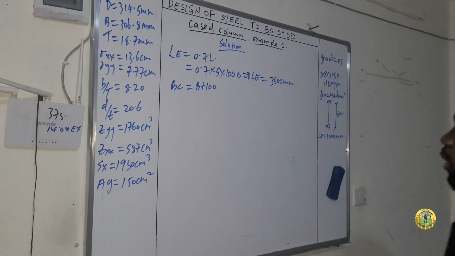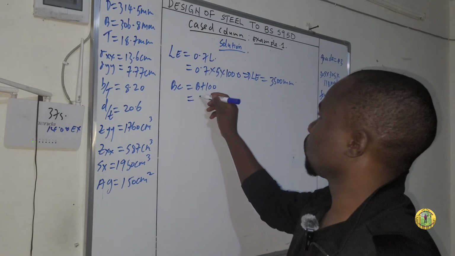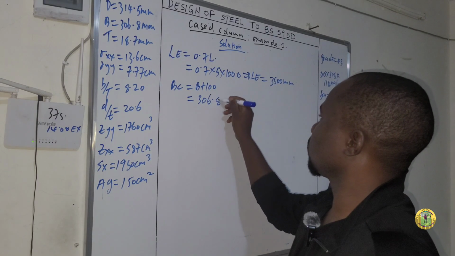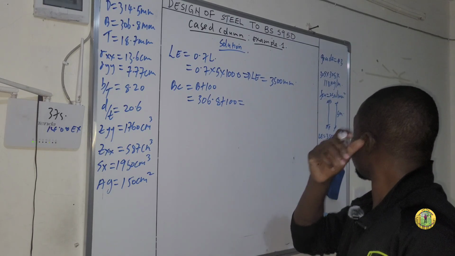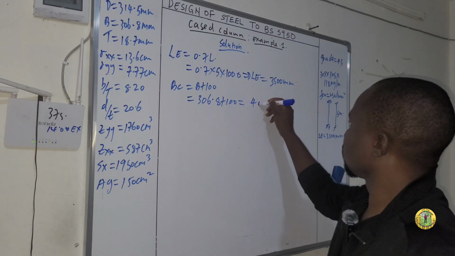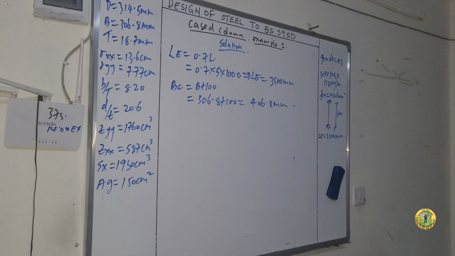So BC is equal to B plus 100, and we already have our B. Our B is 306.8. So this is 306.8 plus 100, which is equal to 406.8 millimeters. And then we come to DC.